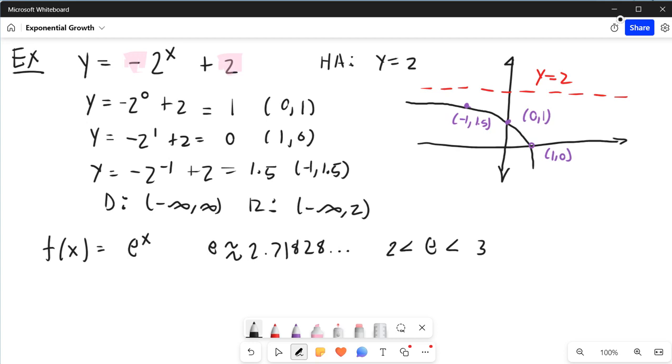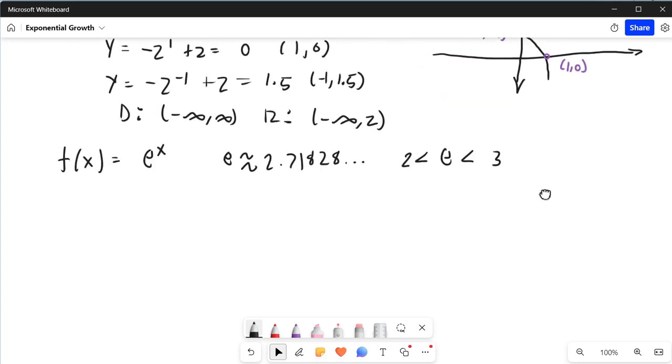But either way, it's not very common that you would just use an estimate, for example like 2.5, or even say my graph is 2.72 raised to the x. It's normally accepted that you just write e to the x.